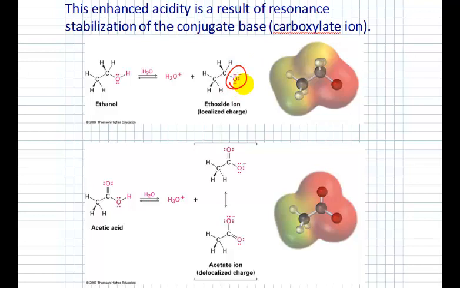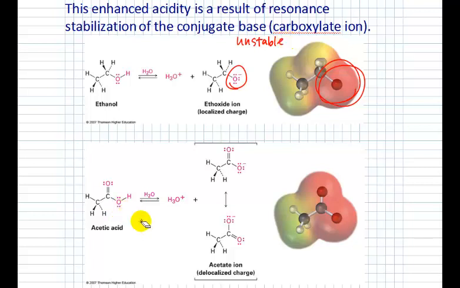It's concentrated, very strongly, just among that one single atom. So that's a fairly unstable conjugate base, meaning ethanol is not a very strong acid.